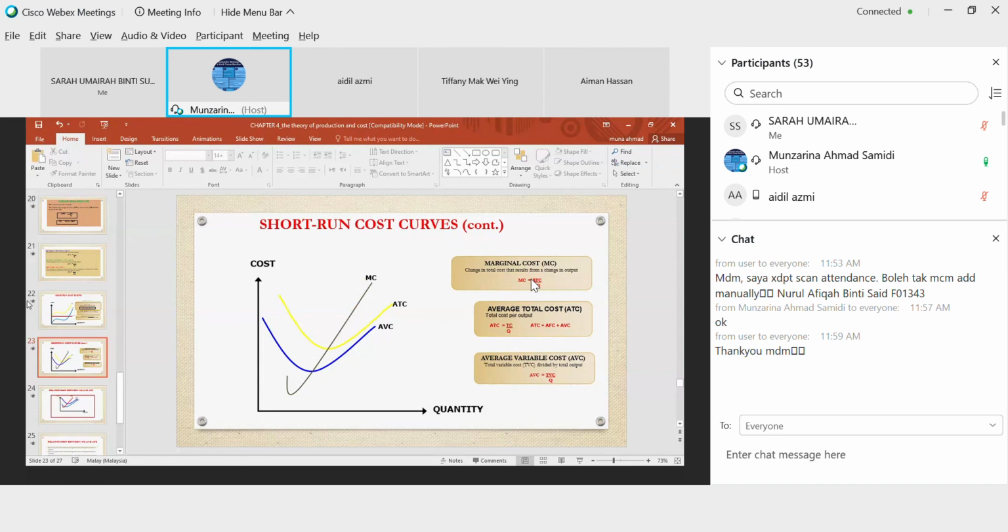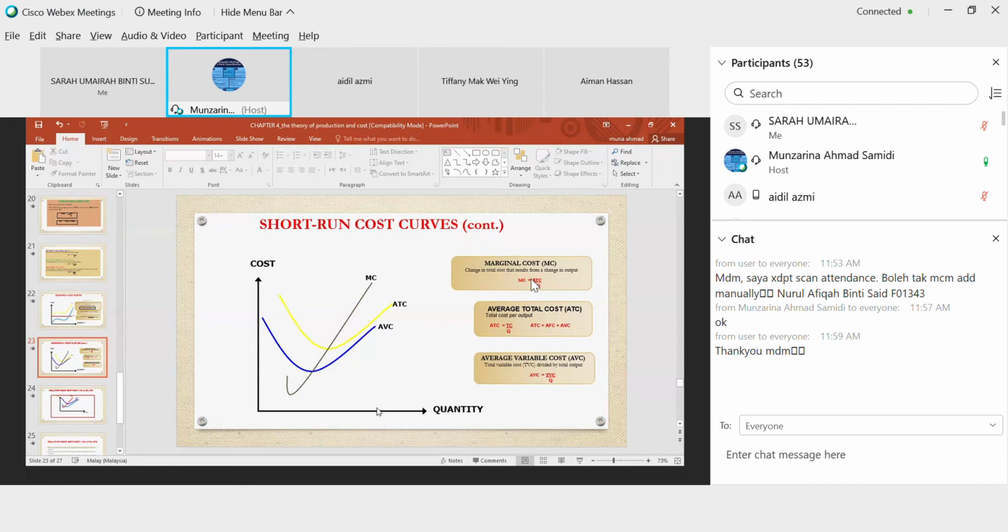And the difference between ATC and AVC is the AFC, average fixed cost. This is the vertical difference between ATC and AVC.